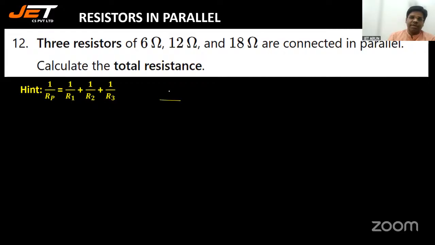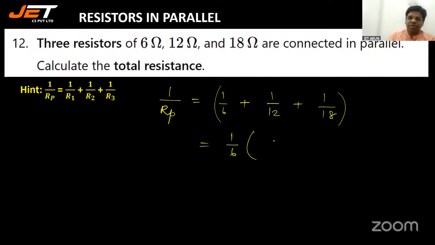I have got 1 by R parallel, 1 by 6 plus 1 by 12 plus 1 by 18. Now, what I do, I take LCM. Or even better, I'll take 1 by 6 common. I'll get 1 plus 1 by 2 plus 1 by 3.